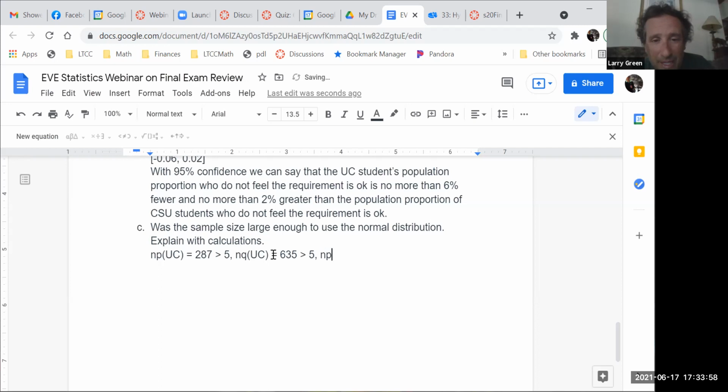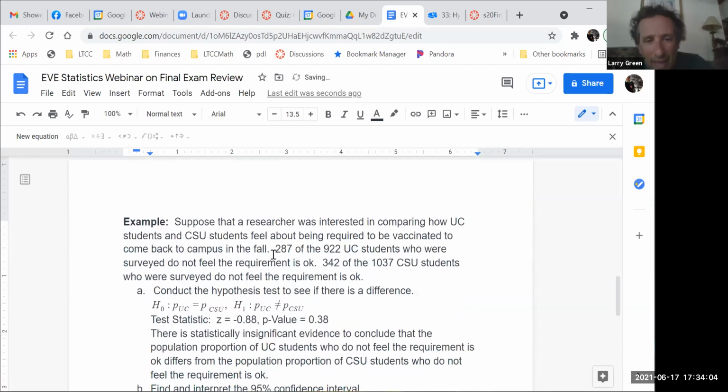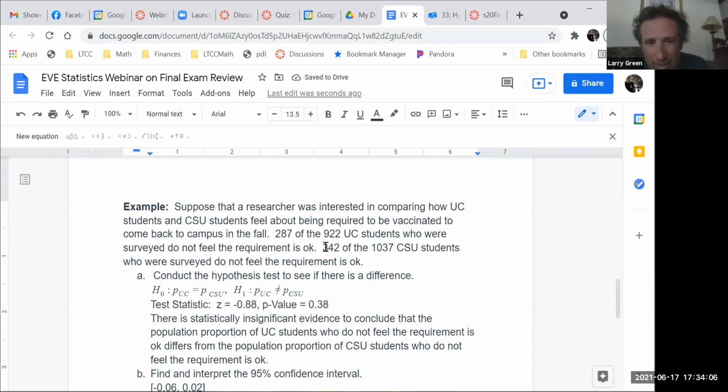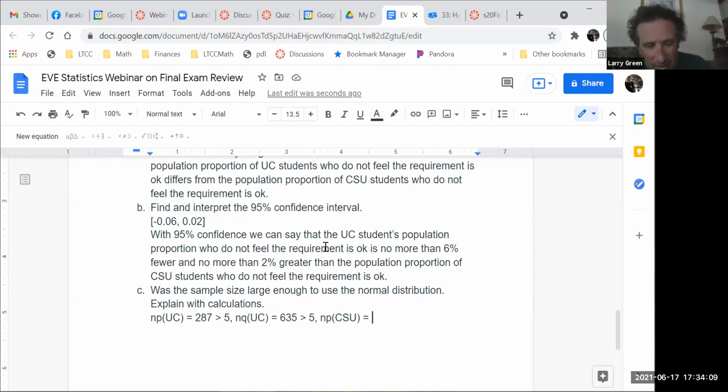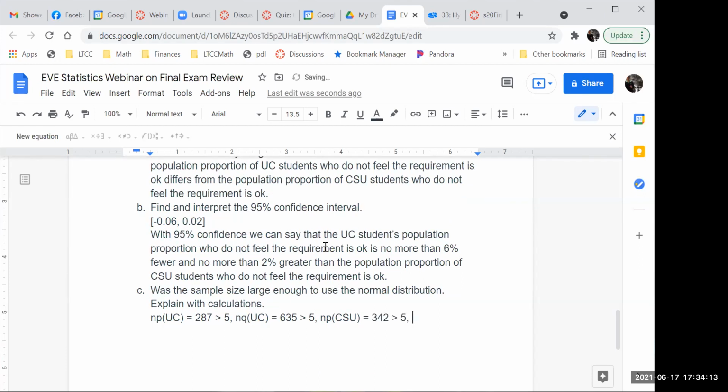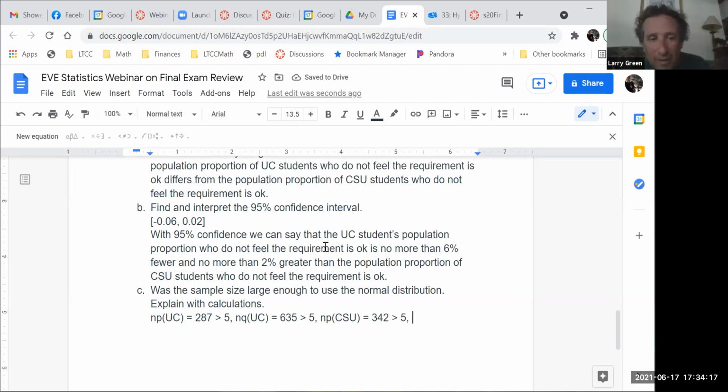We also need NP for the CSUs. And that was 342. That's certainly greater than 5. So is this how you've been wanting us to format it the entire time? Yeah. I mean, you don't have to do parentheses CSU.